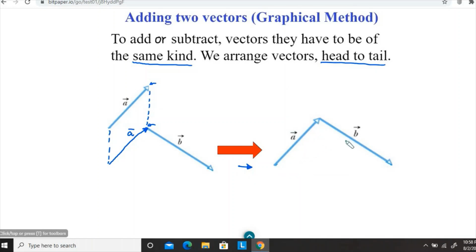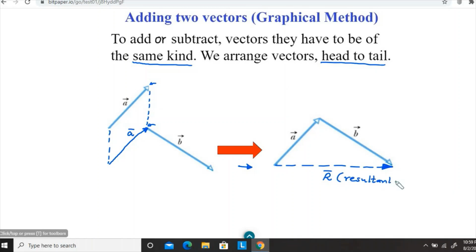So how do you find the vector sum? You connect the tail of vector A, the tail of the first vector, with the head of the last vector, in this case vector B, because we only have two vectors. Like that. And this vector is what we call the resultant vector.